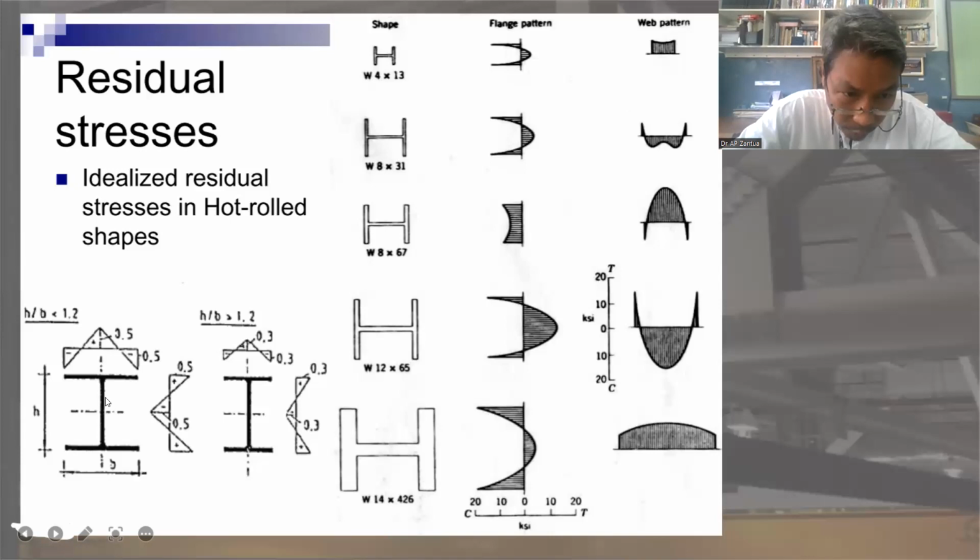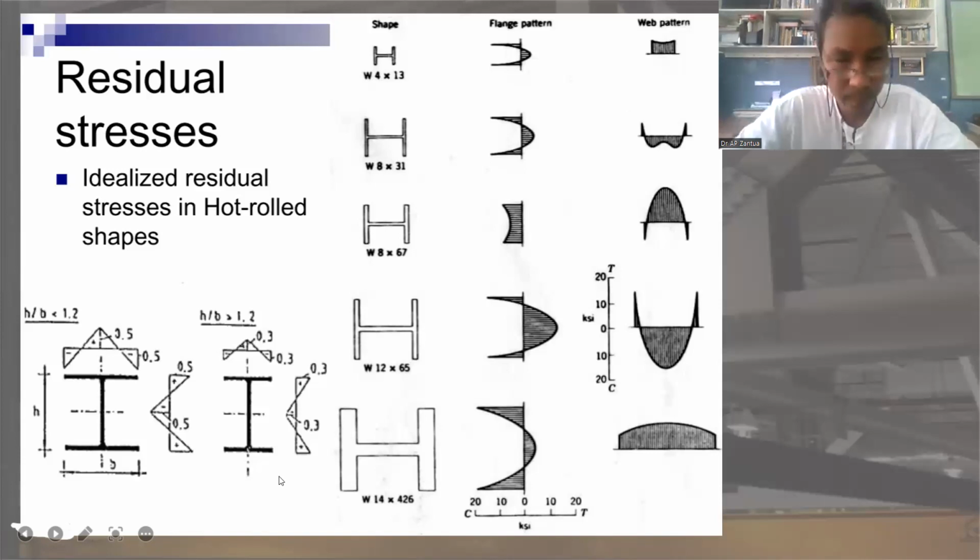This is the web component. This is the stress on the web, and this is the stress on the flange. It is a mirror image for the stress on the lower flange.